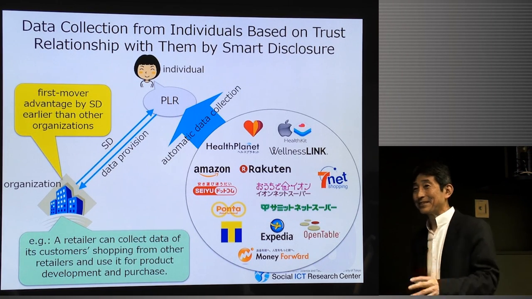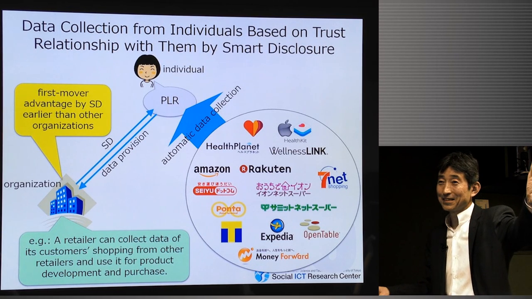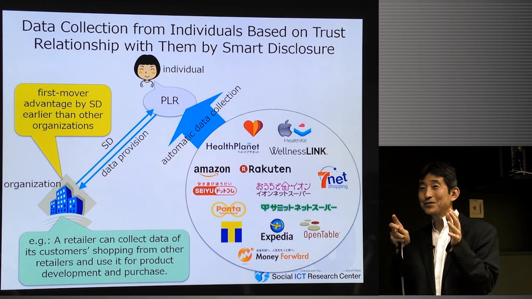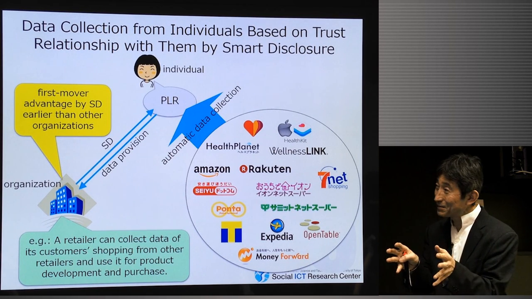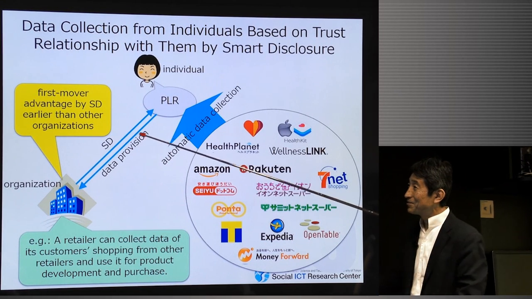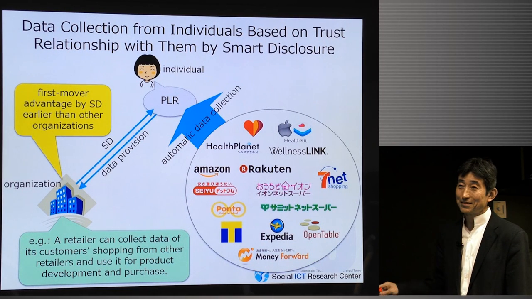However, that doesn't happen before your competitor does smart disclosure. So you're going to do smart disclosure first. Then you would enjoy very huge first mover advantage, right?